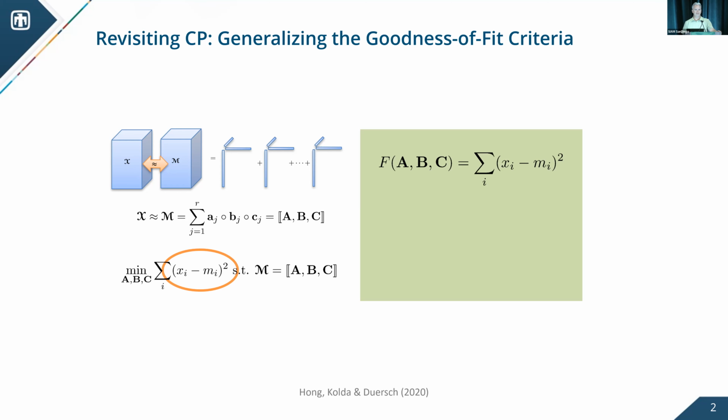But there's nothing holding us back at this point from extending this idea from this functional form of a loss function to something more general, a generalized loss function that's just taking the elements of the data and the elements of our model and computing some loss function associated with it. And this opens up the avenue to look at different data types, look at different assumptions on your data, account for something that you might know ahead of time about the structure of your data.